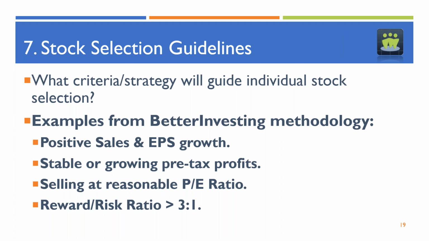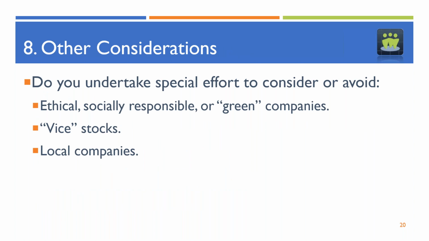Just some examples, and you can be as specific and as detailed as you would like. And I'm assuming that you have some familiarity with the stock selection guide in order to make those determinations.